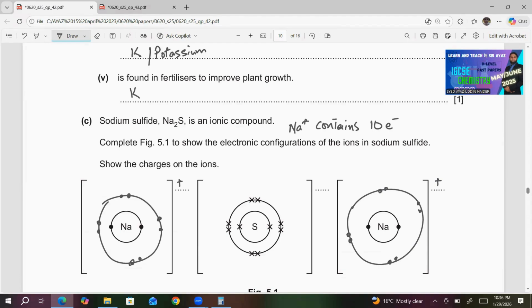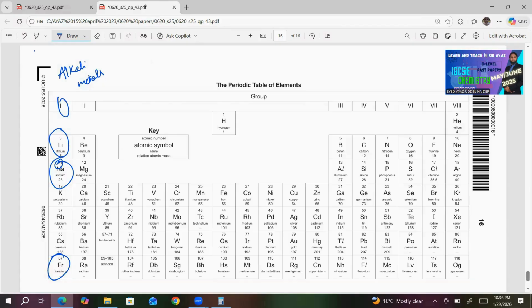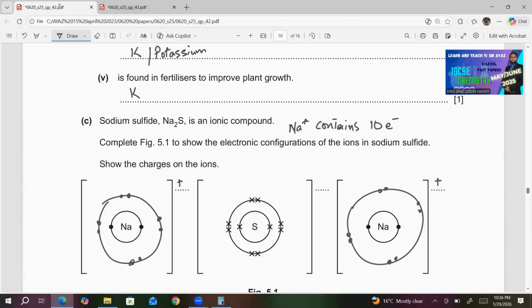Both of these have lost their 1 valence electrons. What about sulfur? Sulfur is in group 6. Here's group 6. And the proton number of sulfur is 16. And it has gained 2 electrons. And it's gaining 1 electron from each sodium.